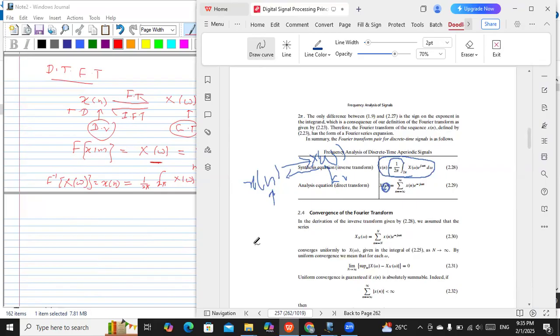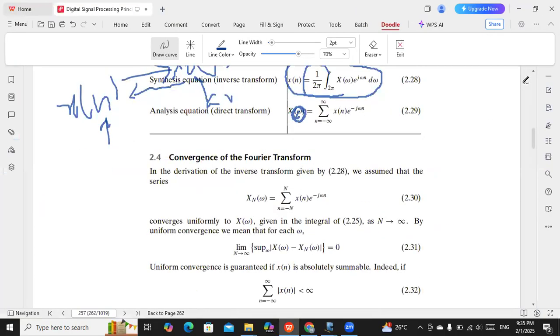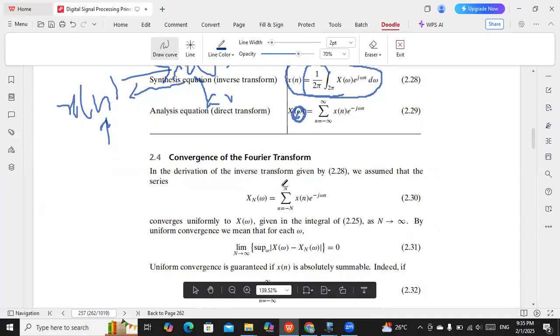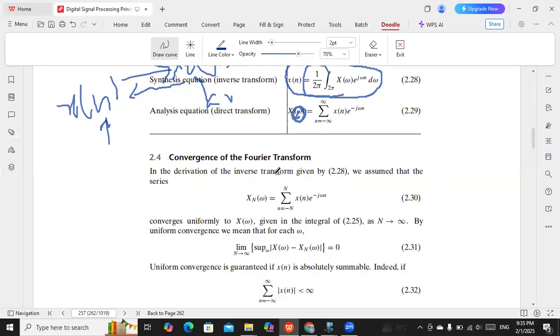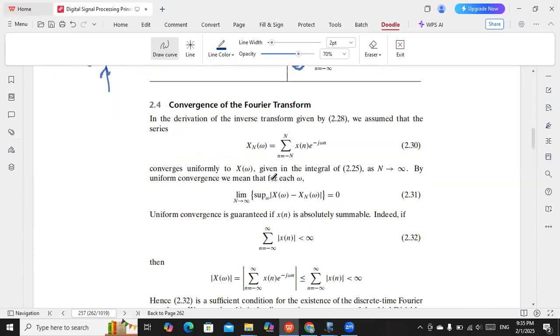We have done several examples related to the Fourier transform, as I can remember. It is not much difficult. The convergence of the Fourier transform is not much difficult, because if we have a finite value, we say the Fourier transform converges, otherwise it does not converge.